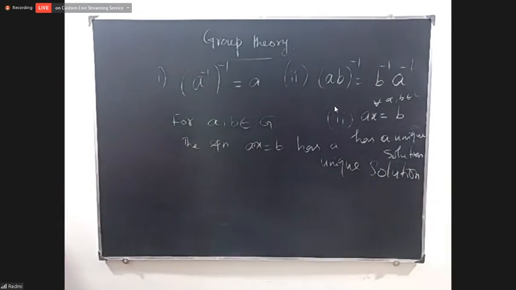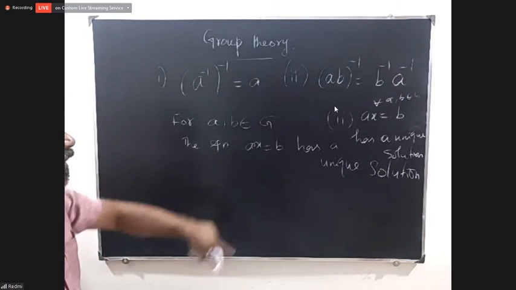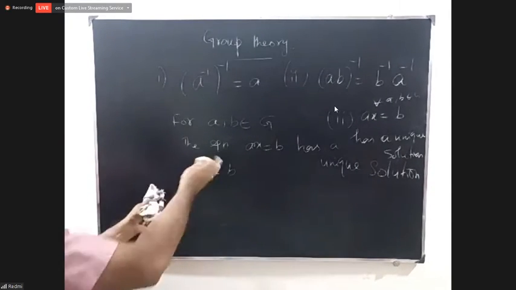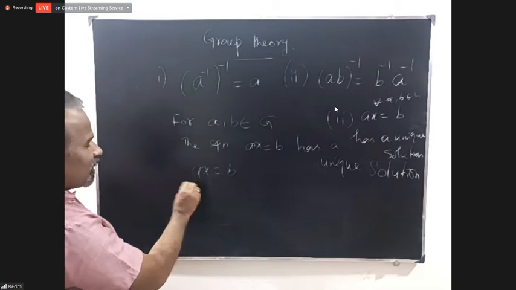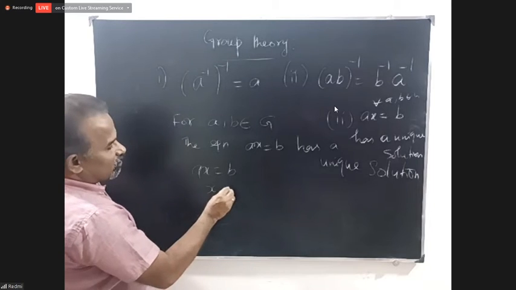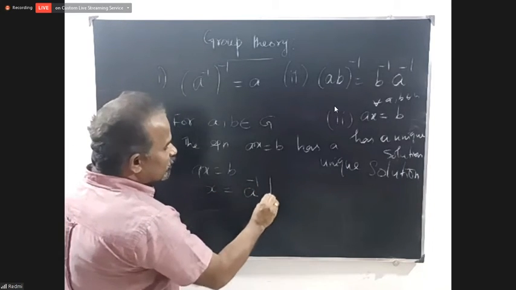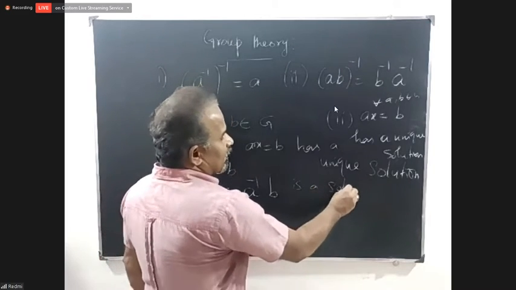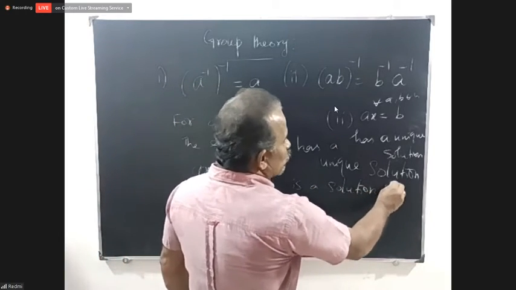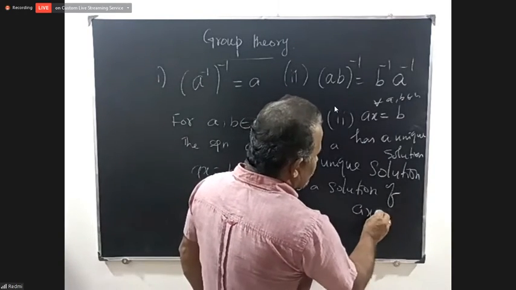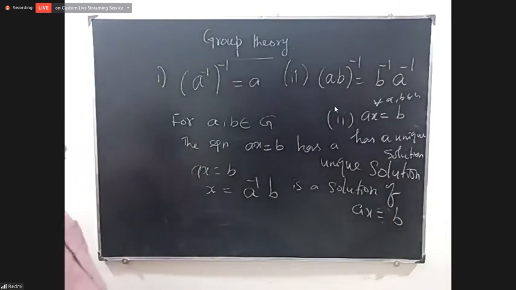So here, what will be the solution? Suppose AX is equal to B, multiplying by A inverse on both sides, again you will get E times X. Therefore X is equal to A inverse B is a solution of the equation AX is equal to B.